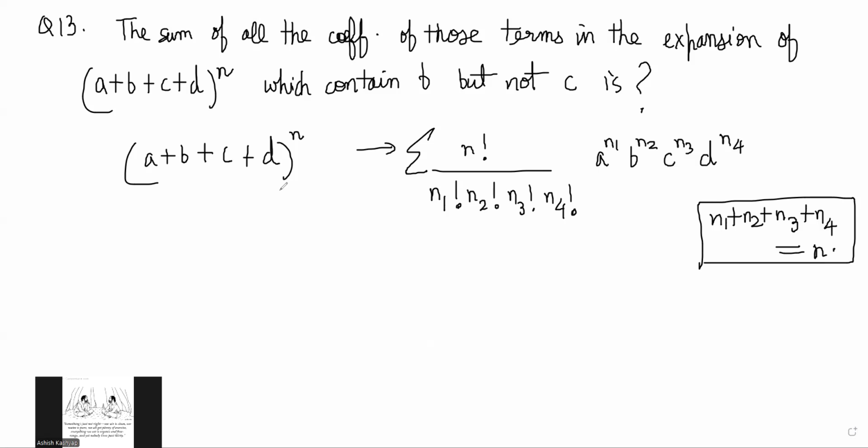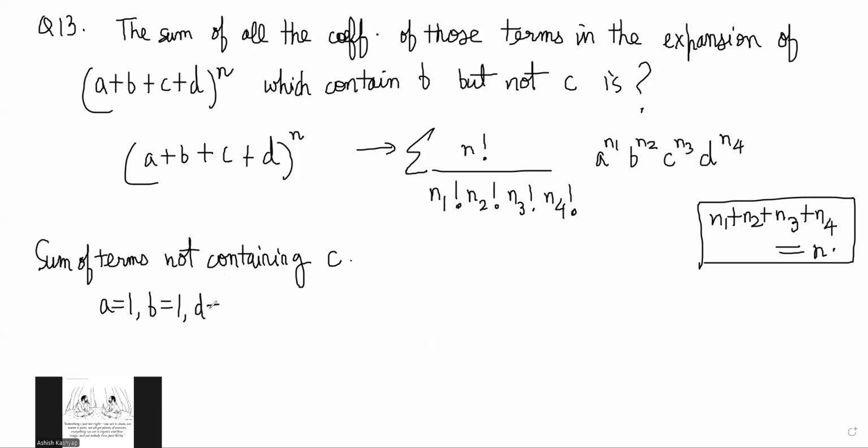But we have to find the terms that contain a particular letter but don't contain another one, right? So if you want to find the sum of the coefficients of terms containing or not containing c, we should put a as 1, b as 1, d as 1, and c as 0 for that.